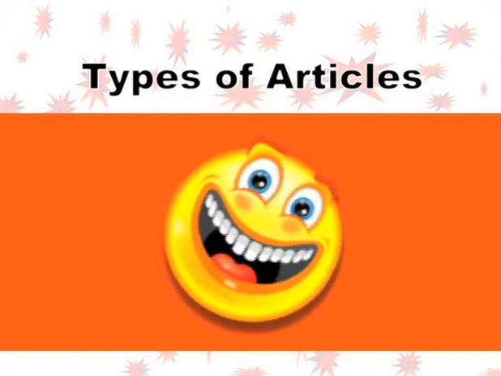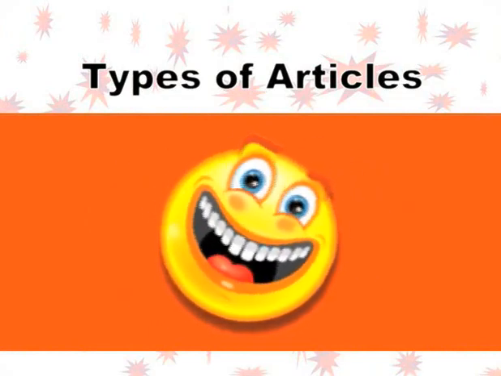Let's look at the types of articles that are there. There are two types of articles, indefinite article and definite articles.